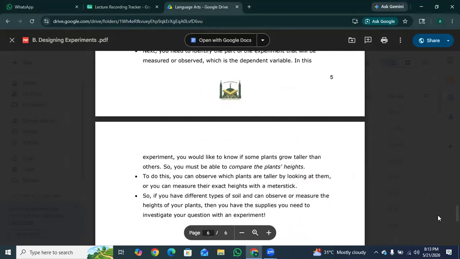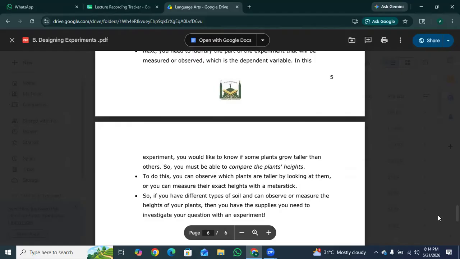So basically, as I have told you, to choose your supplies you have to consider two main things: the independent variable and the dependent variable. You need the actual materials that represent your changes, which is the independent variable. If you are testing different soils, you must have different types of soil like sand and clay, ready to use.